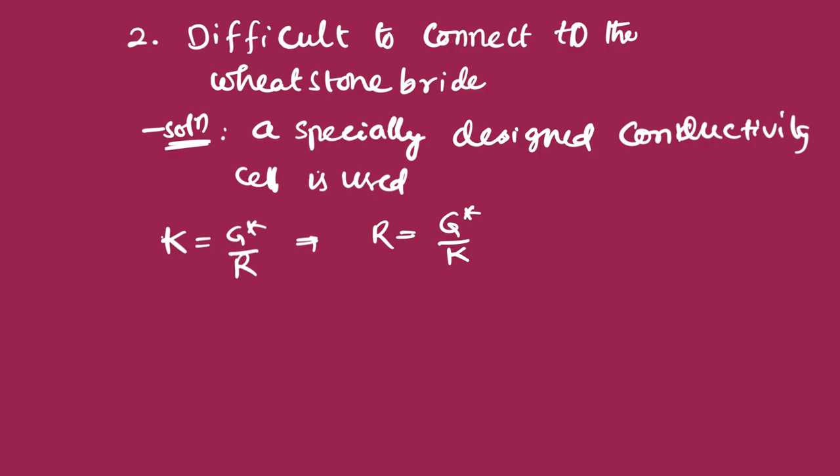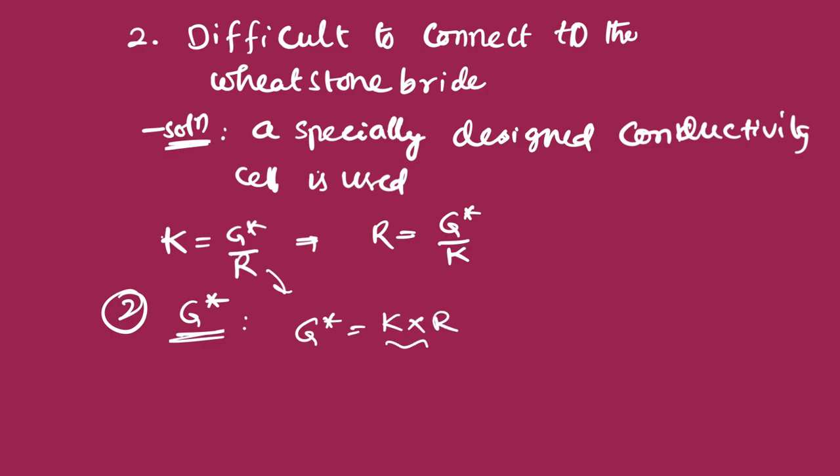Now R is known, then we can go for the second one, the G star calculation. G star is equal to K into R.